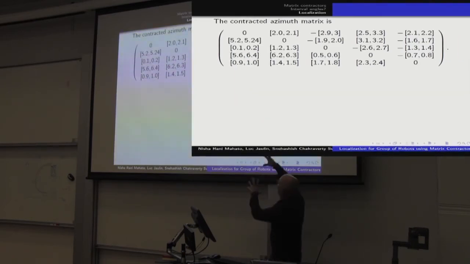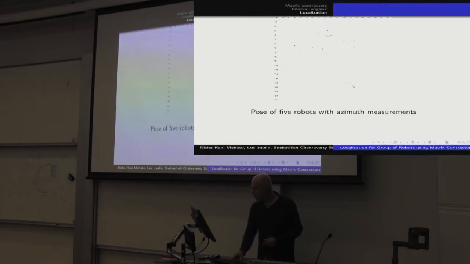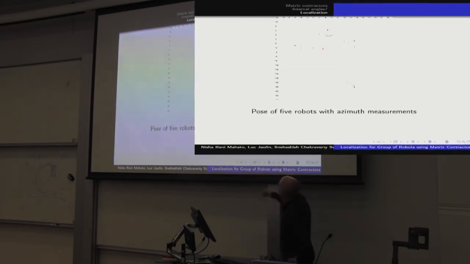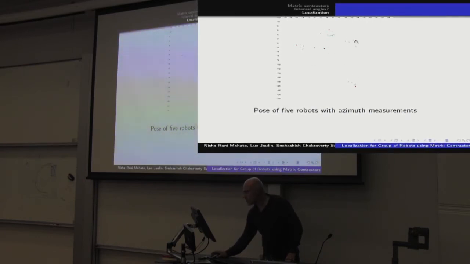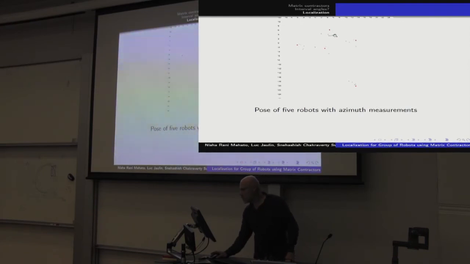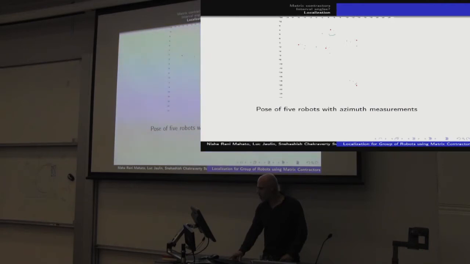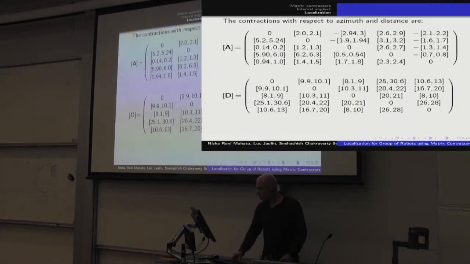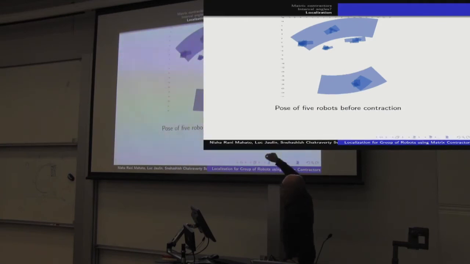And then we can contract this matrix, maybe with some graphical explanation. I have here robots that are represented by points, the 5 robots, the red points, and the azimuth is represented by the arc, but it's not so easy to see them in the picture. But here, probably, this is before contraction.